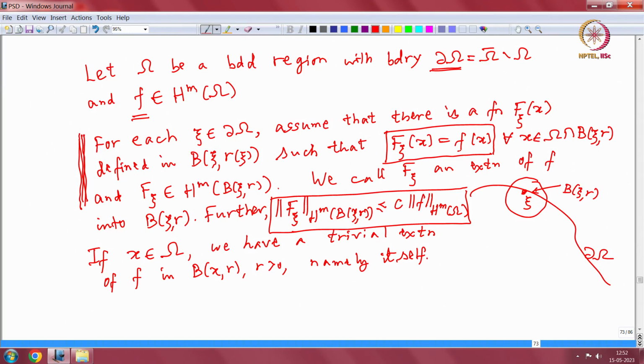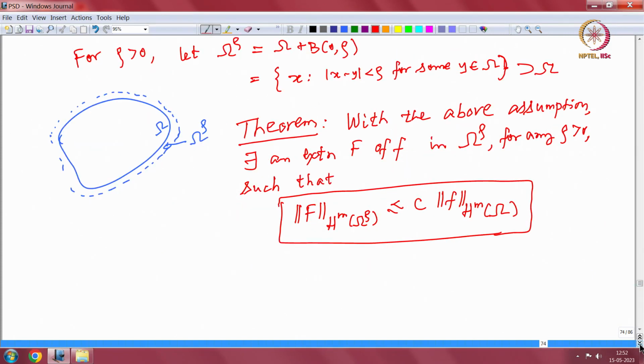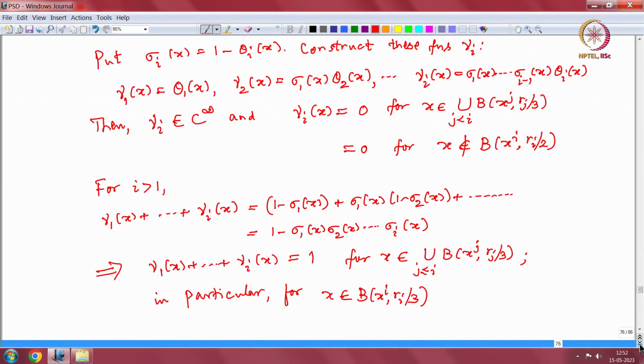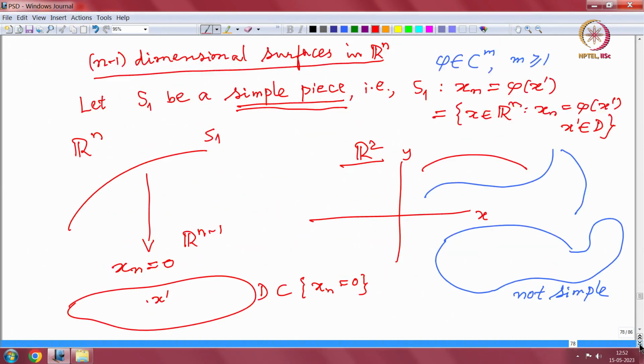Okay, so now we just have to verify this hypothesis is satisfied from the condition we have imposed on the boundary. So that is the theorem I am referring to.